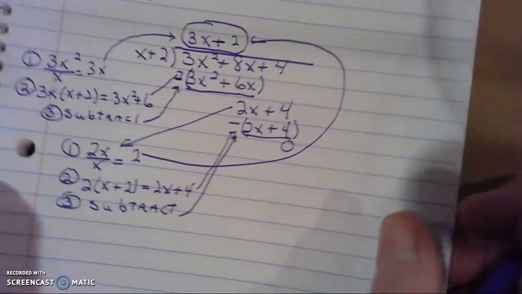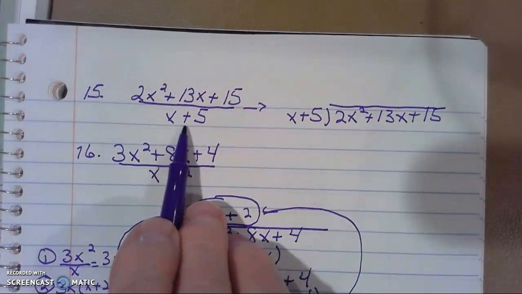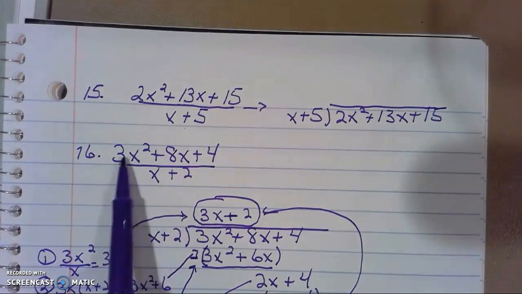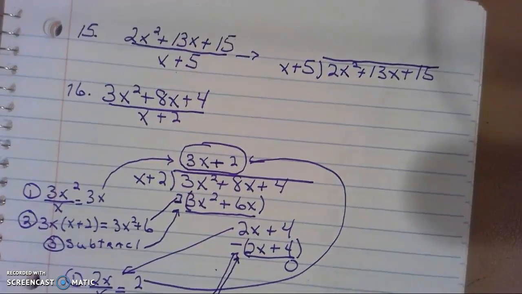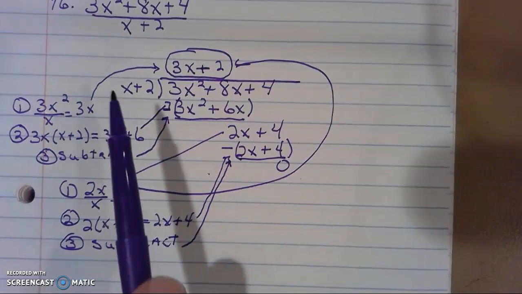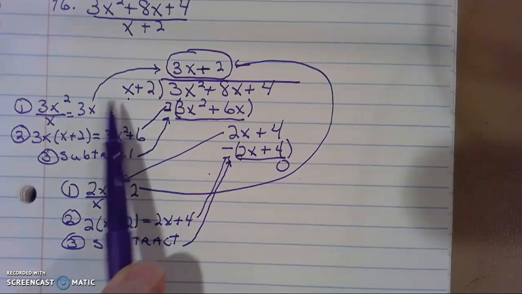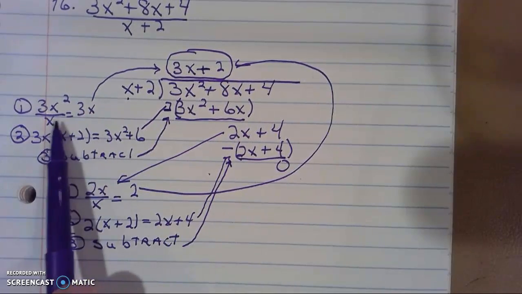Then on the last one, the last two, long division. Notice number 15 changes to this, just like number 16 changes to this. So I'm going to go through this, make sure you rewind this. The first thing you do is take this x and divide it into this 3x squared.